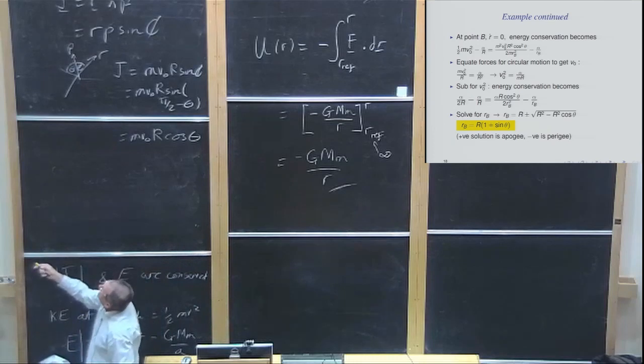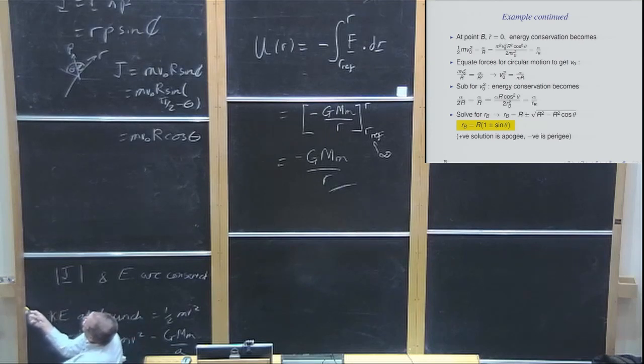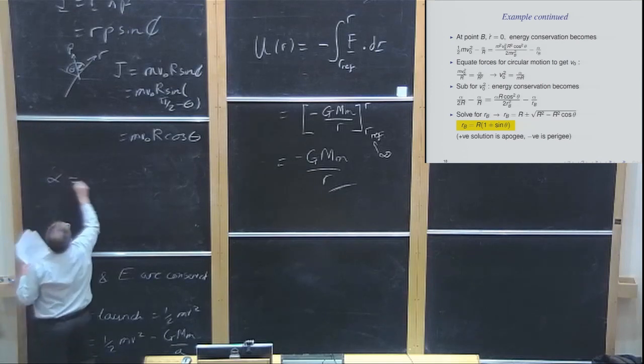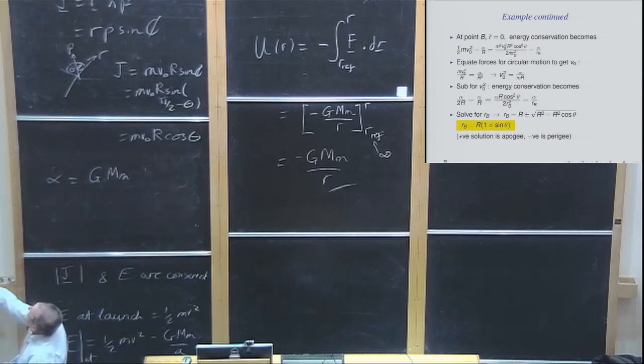So this is the energy expression, the energy of the circular orbit, and this is the energy of the elliptical orbit at point B. On the left-hand side, we realize that we can work out what V0 is, because in a circular orbit we can equate forces, and this gives us a relationship between alpha, which is of course big G, big M, little m, and the centripetal force.